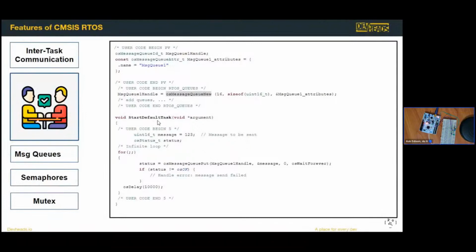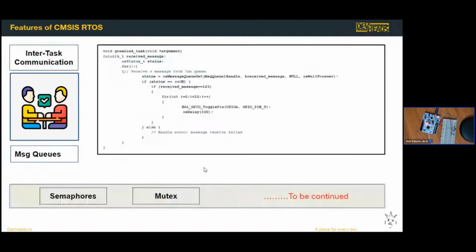So this is the part where the message is being put, and we have the other side whereby we want to get the message. So to read the message, use the OS message queue get, QGet. You're getting from the message queue handle, and then you are receiving the message.